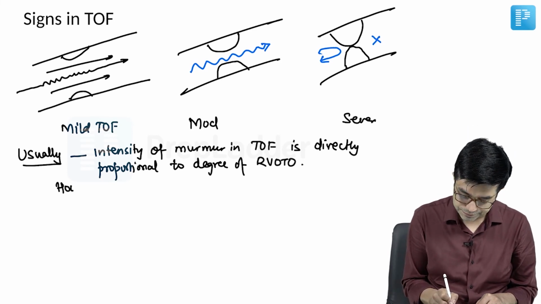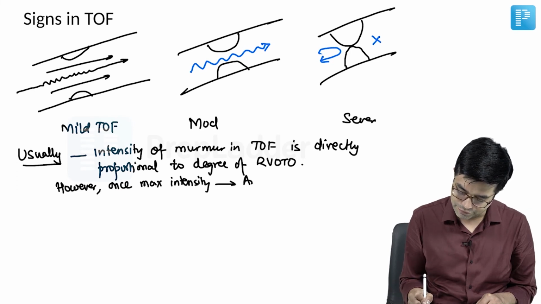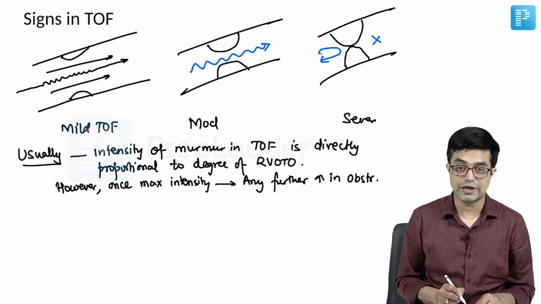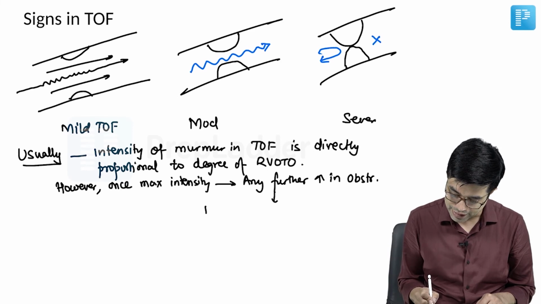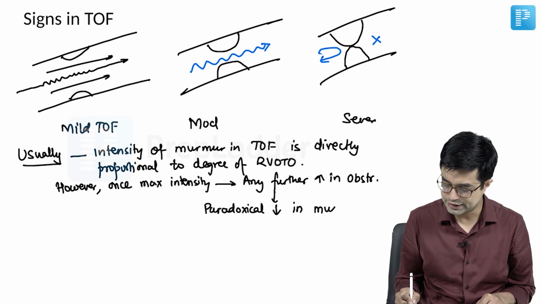However, once it reaches a maximum intensity, any further increase in obstruction, that is the right ventricle outflow tract obstruction, will lead to a paradoxical decrease in the murmur intensity.